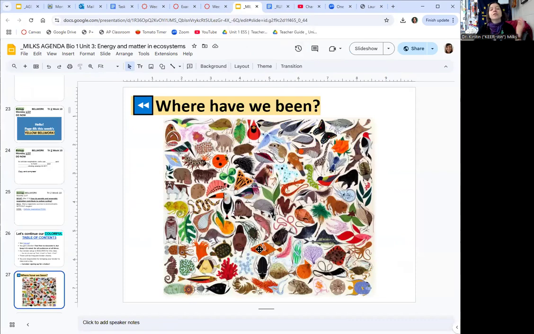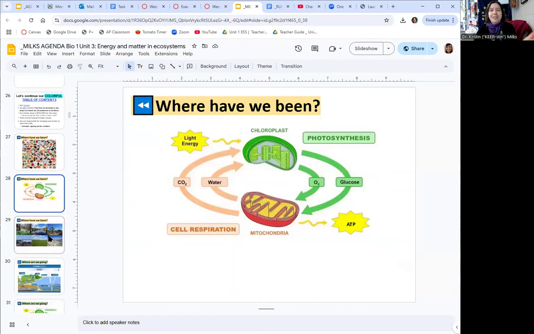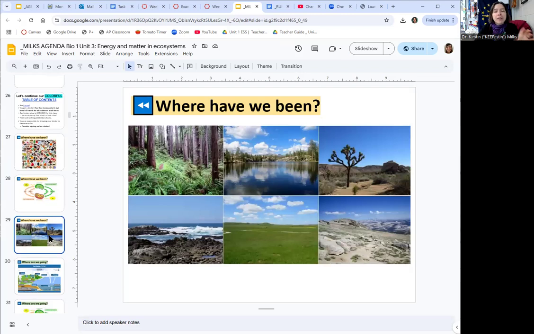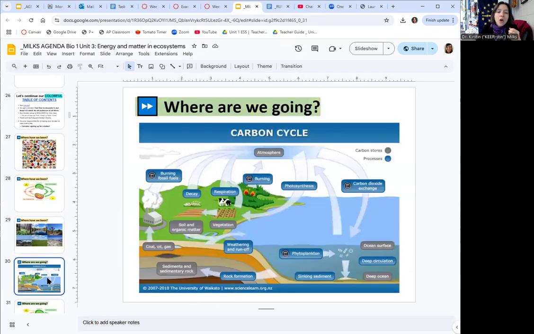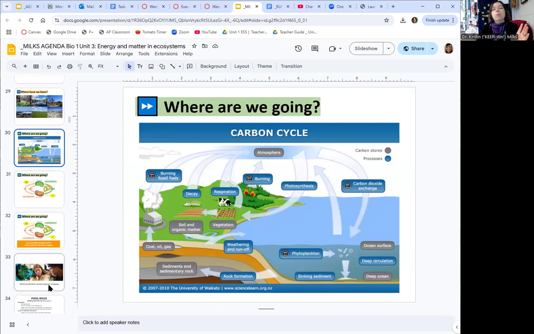All righty. So you know by now we've been learning about life, and that we've started to think about ecosystems, the way that living things and their environment form systems. Again, all of these are very different ecosystems, but they're all also in the state of California, right? We learned about the carbon cycle by using that gizmo, that carbon cycling assignment, to think about not just the carbon cycle, but how humans impact the carbon cycle.